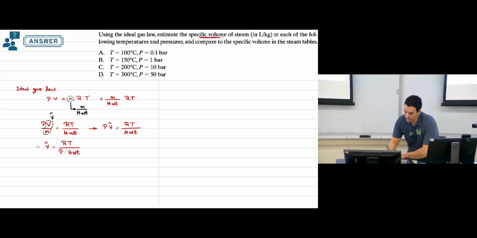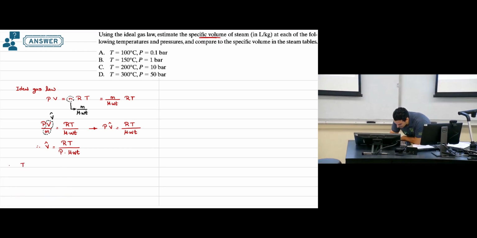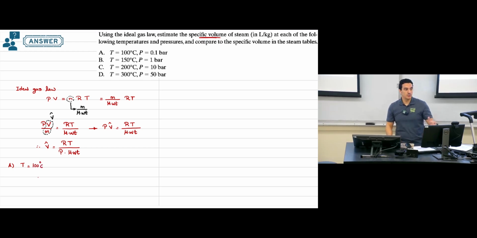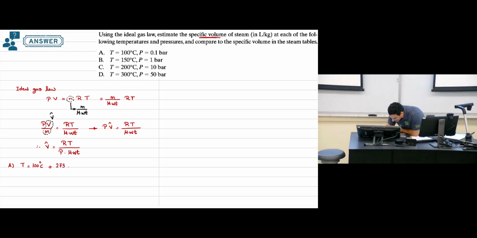Start to put in the conditions you have in the problem. Let's start with A. We have the temperature of 100 degrees Celsius. We don't use Celsius, we use Kelvin, so this will be 100 plus 273, which is 373 Kelvin. Then the pressure is 0.1 bar.